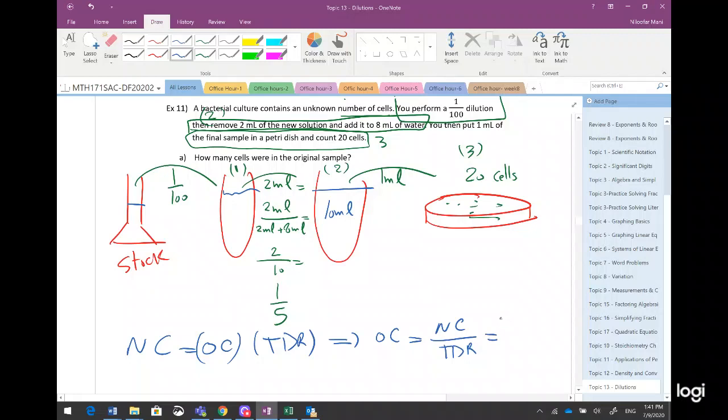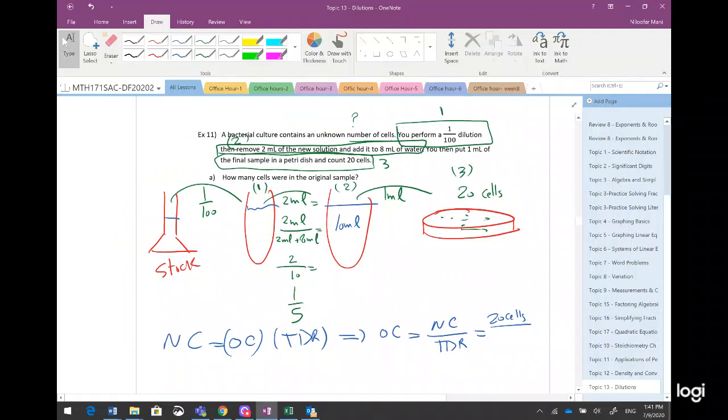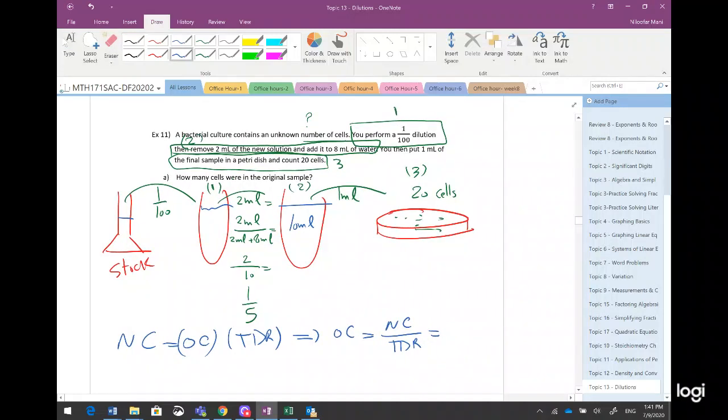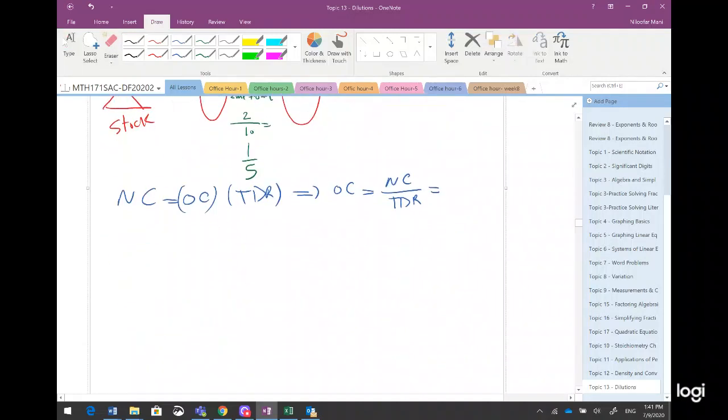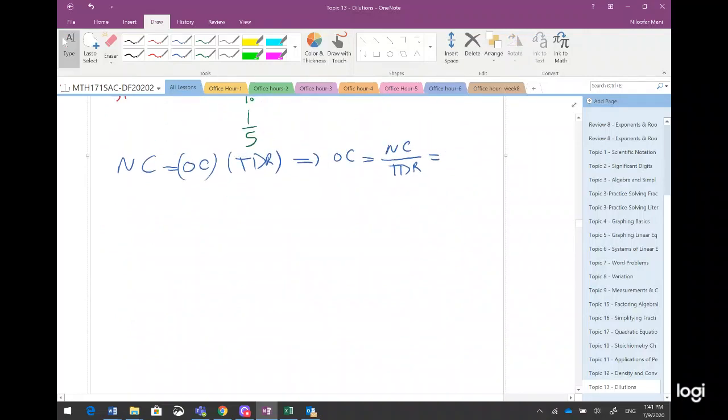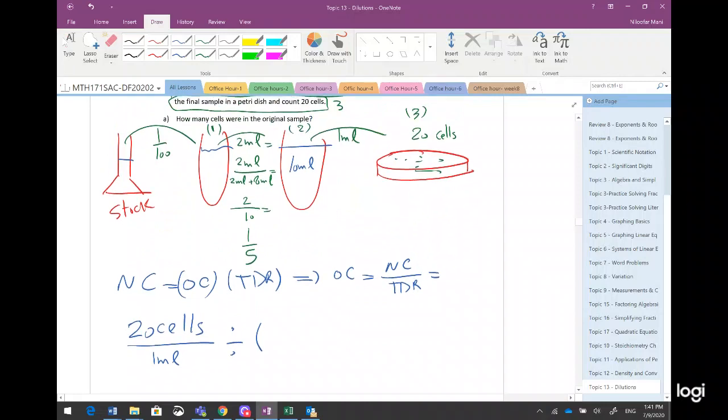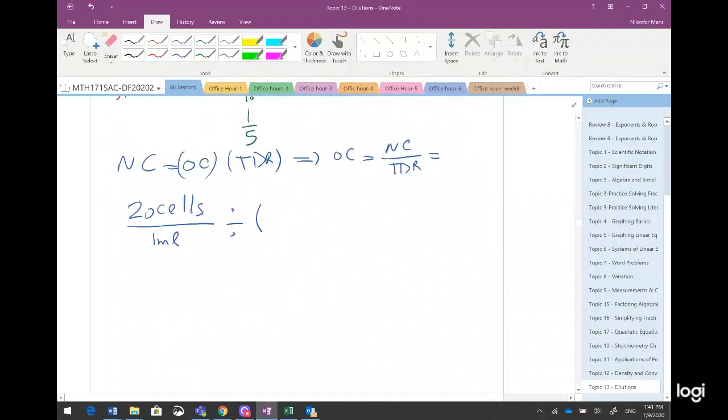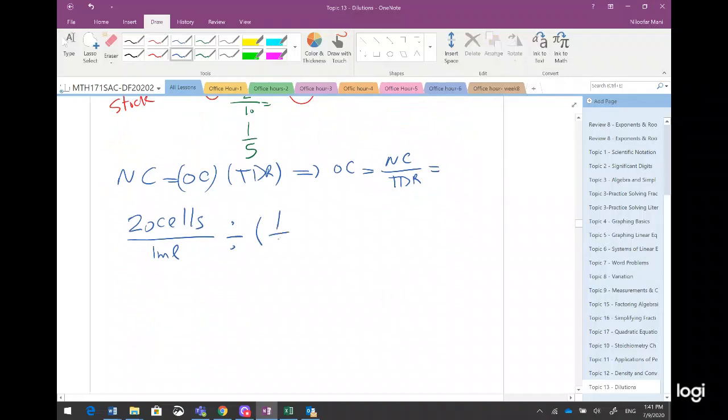What is the new concentration? 20 cells over 1 milliliter. Okay, so divided by total dilution. What is total dilution? So 1 over 100 multiplied by 1 over 5.